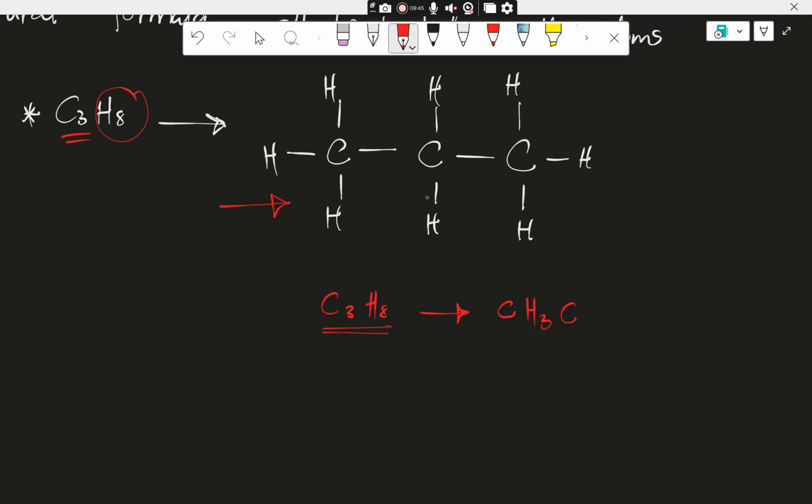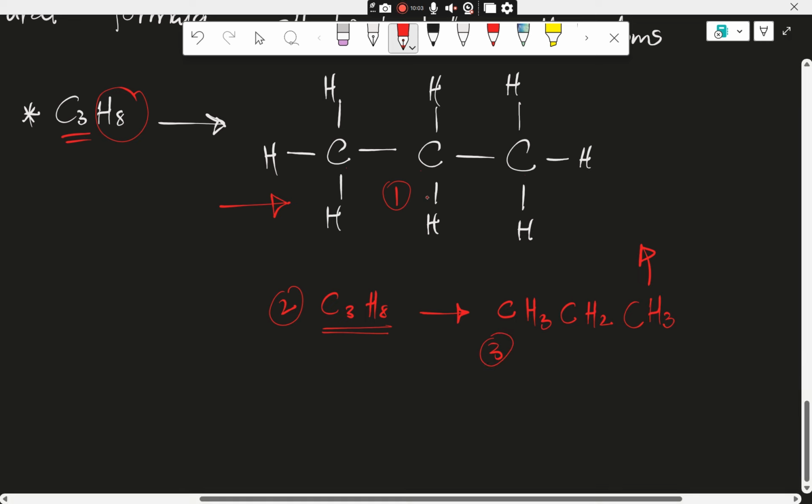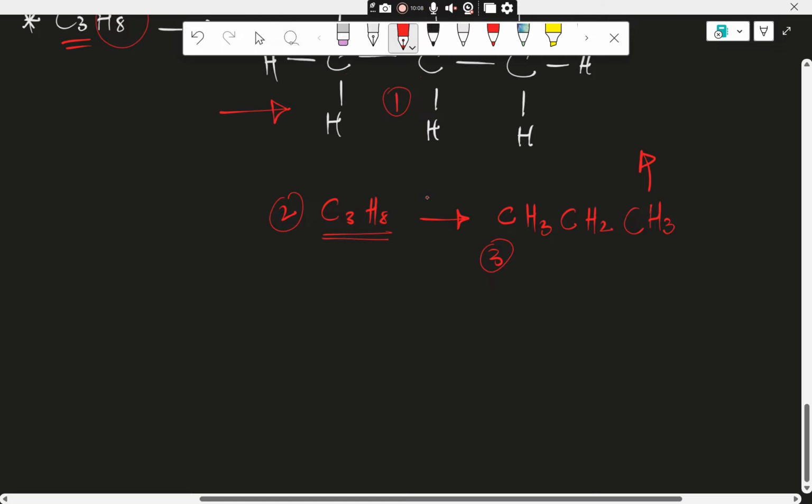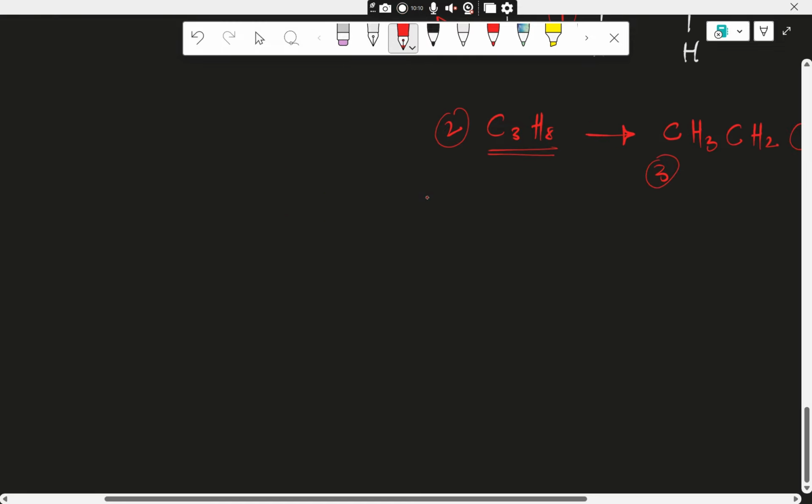You can also move from the right, but let's just move from the left. This is our CH2 because we have only two hydrogen atoms, and then we have CH3. This is the condensed formula of that structural formula. So this is one, this is two, this is three. These are all different ways in which you can represent your molecular compounds.